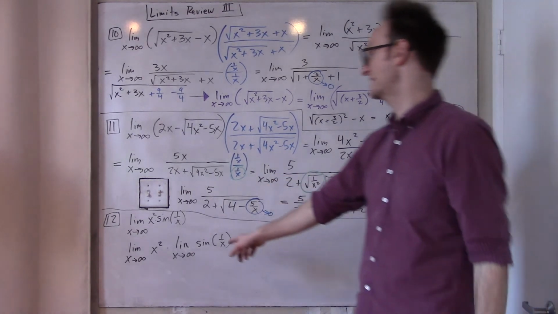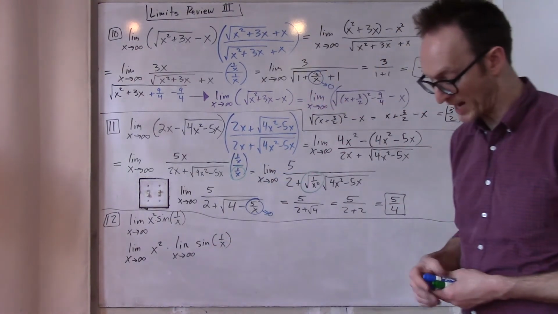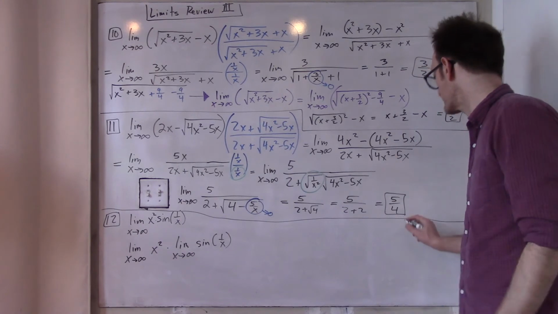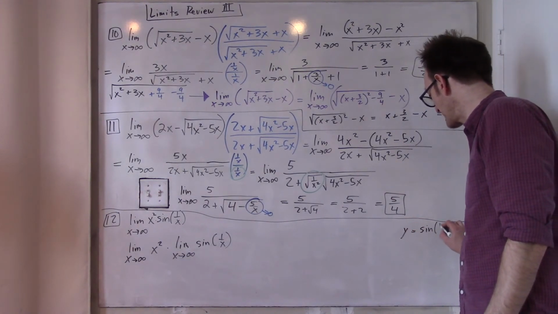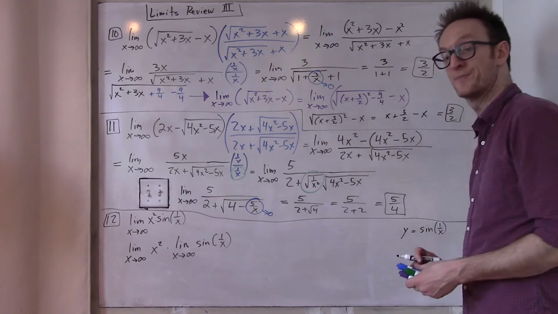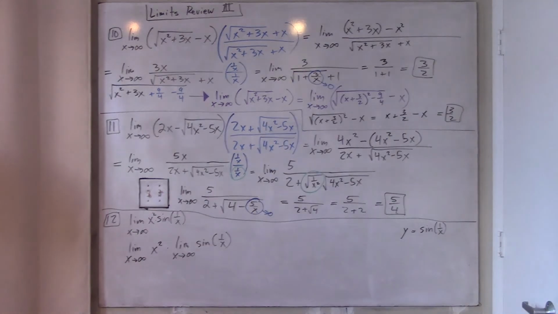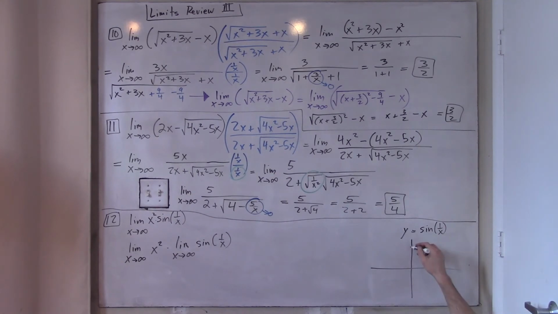What is the limit as x approaches infinity of sine 1 over x? Well, we're sort of used to thinking of sine 1 over x as a function that I care about near the origin, and we've used it as an example of a function that doesn't have a limit near 0. And what does this function look like?